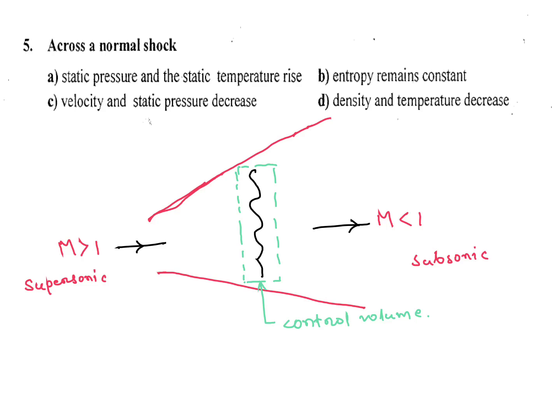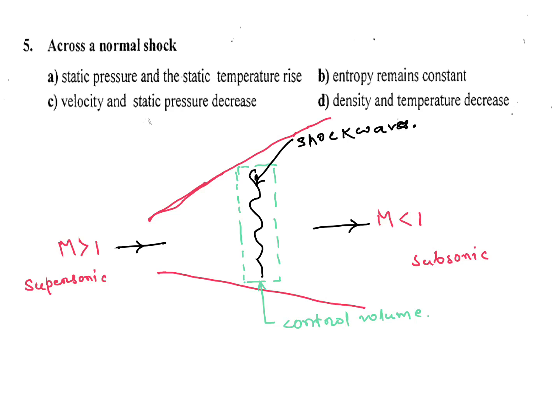Inlet is supersonic flow, Mach number is greater than 1, and after the shock wave at outlet the flow is subsonic, Mach number is less than 1. So this is the shock wave. Inlet is supersonic and outlet is subsonic.